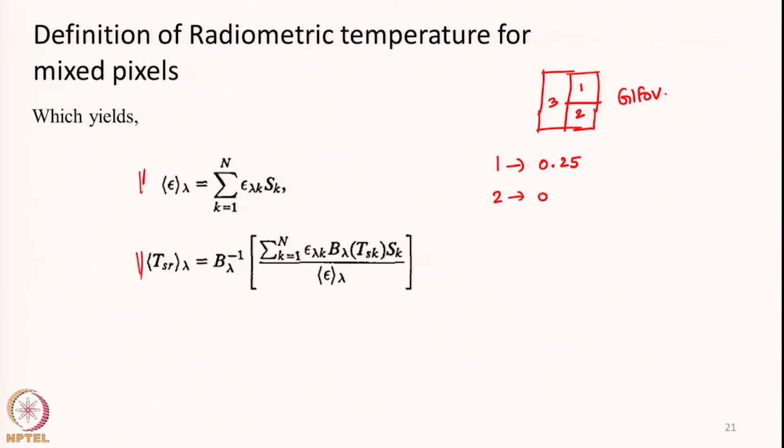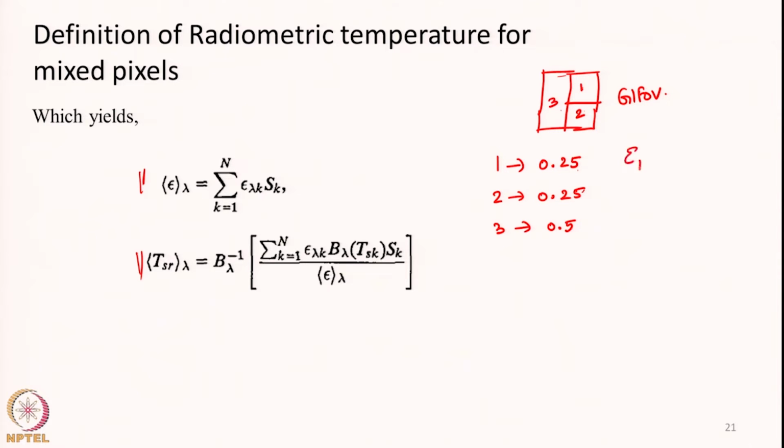Object 2 occupies a fraction of 0.25. Object 3 occupies a fraction of 0.5. That is, within this single GFOV seen by the satellite, 3 different homogeneous objects are there, each occupying a given fraction of area. For simplicity's sake, I have taken 0.25, 0.25 and 0.5.